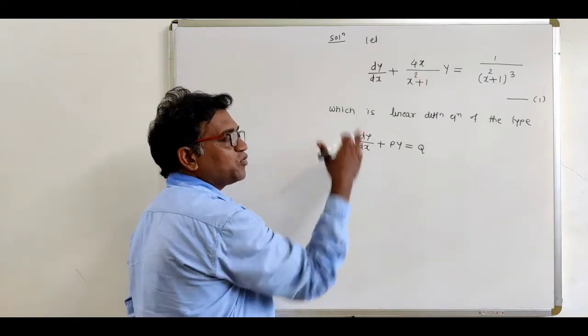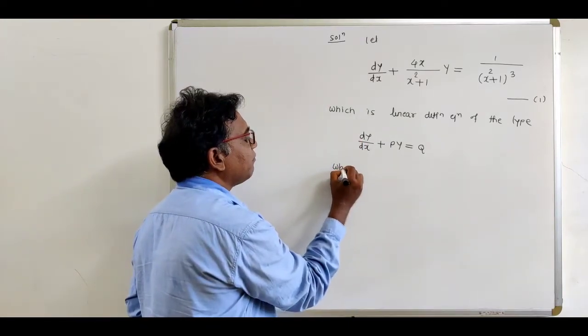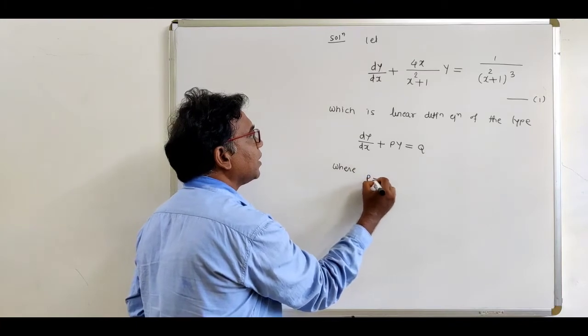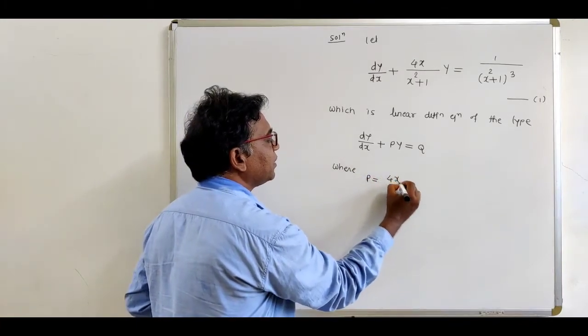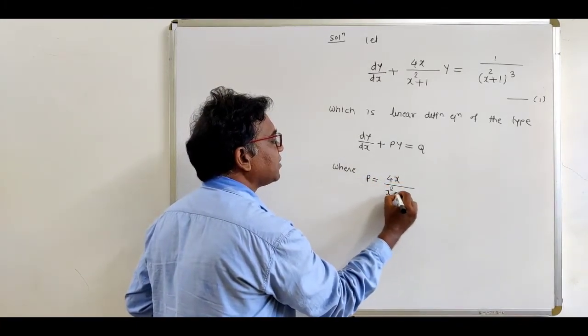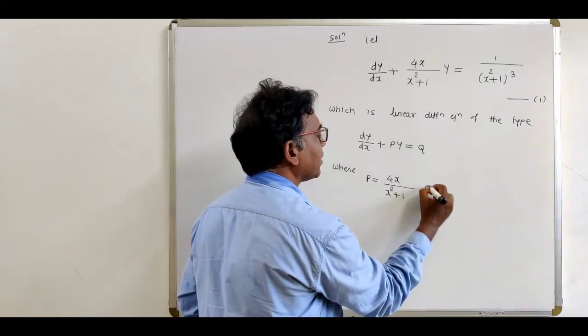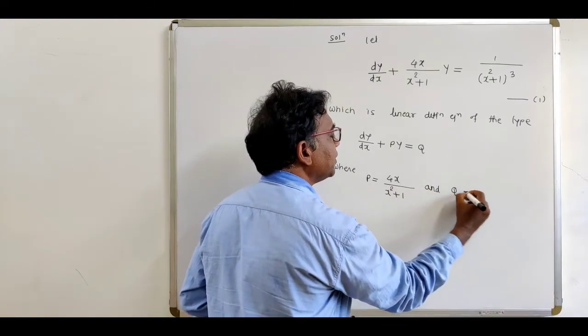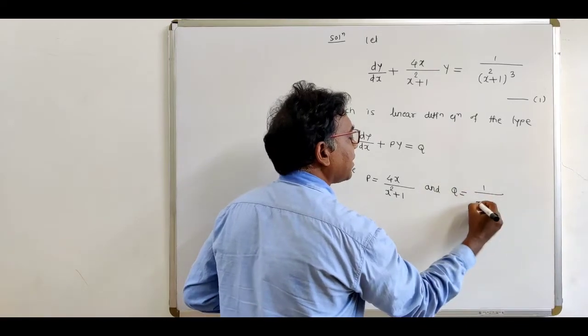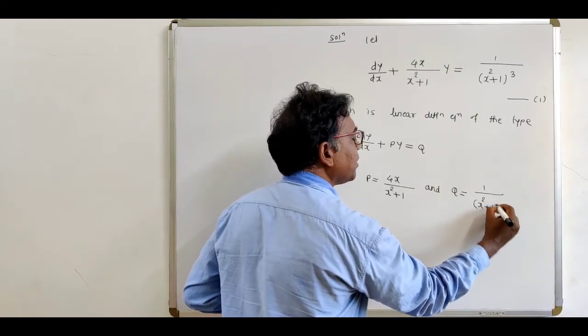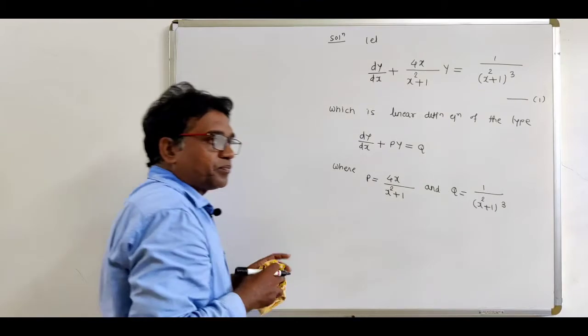Write down the values for p and q. Here p is equal to 4x upon x square plus 1, and q is equal to the right hand side, that is (x square plus 1) whole cube.